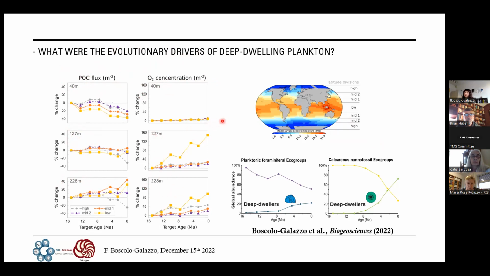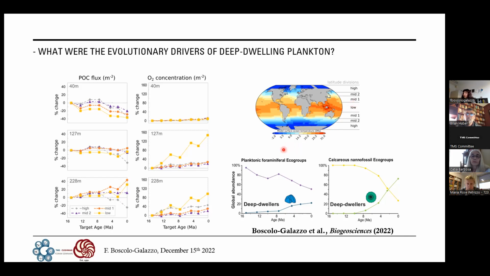These parameters are extracted from different latitudinal bands. In this work, we distinguish between high latitudes, two different mid-latitudes and low latitudes. If you want to learn more about all the details, you just need to go and read the paper. Everything is explained in great detail there.